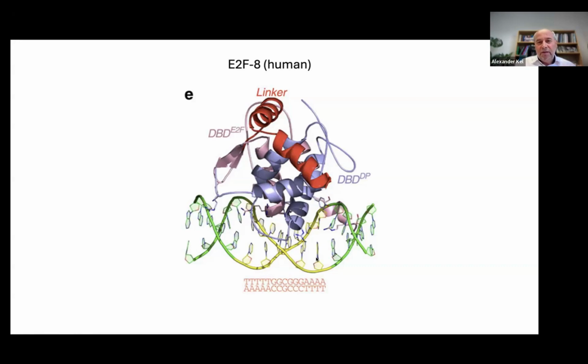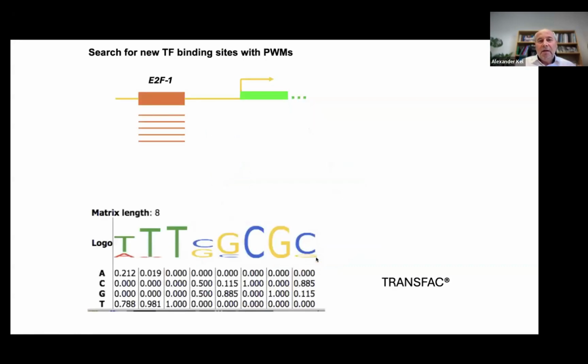So what we are doing, in fact, we are simply collecting all cases from literature, from experiments, where we observed that a particular transcription factor, let's say E2F1, was found to be bound. And there are various experiments how to find it.